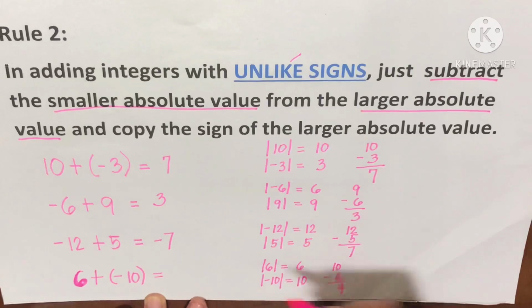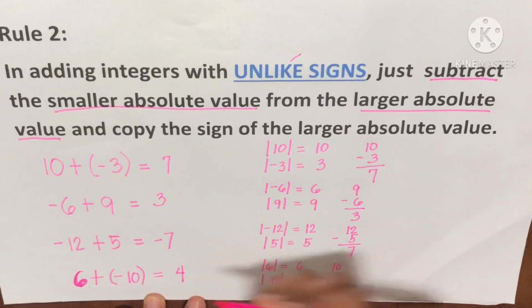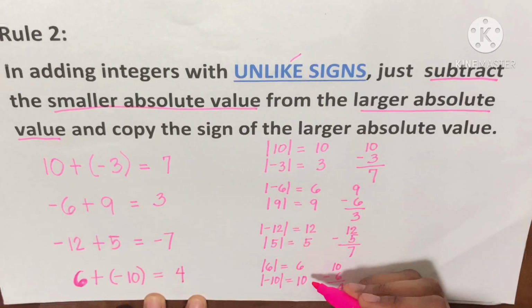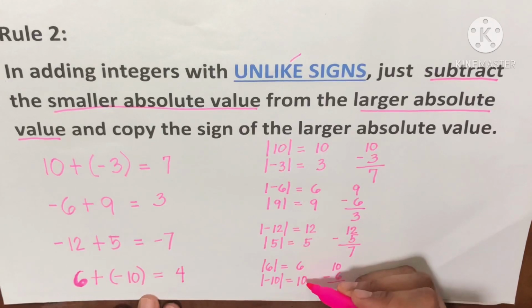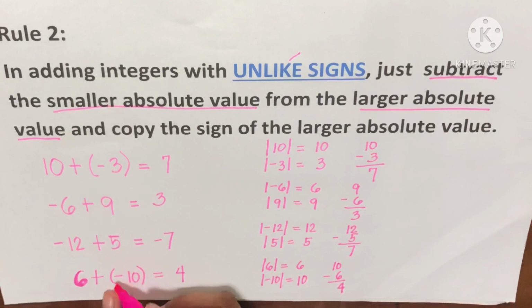So we all know here that 10 is larger than 6. So the sign of the larger absolute value here is a negative. So our answer here will be negative 4.